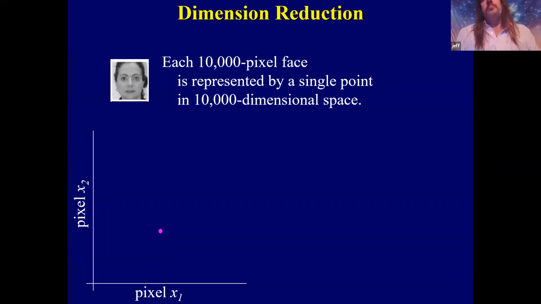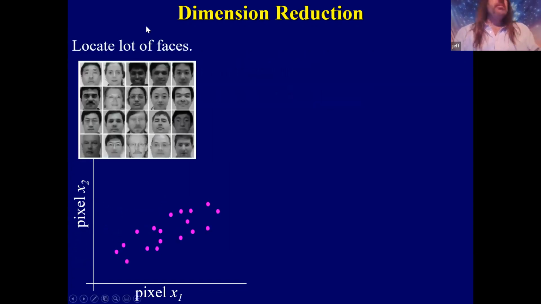We can get a dot. And then if we have lots of faces, those are lots of points in this high dimensional space. And the idea is that they're not randomly distributed. There's a pattern to them, and our goal is to find that pattern.